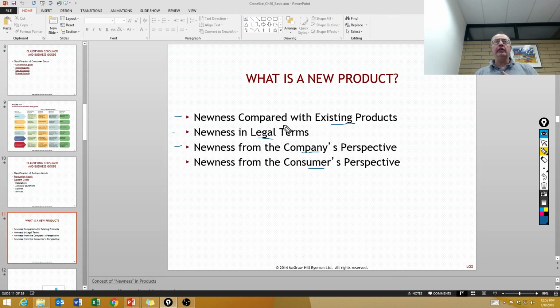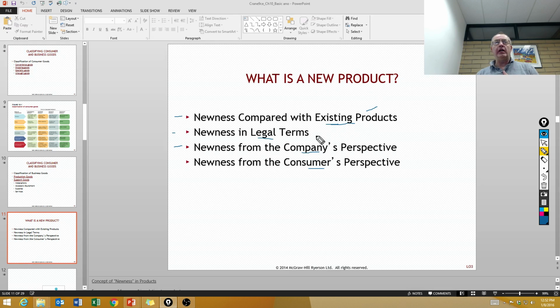When we look at newness in relation to existing products, a product can be new anywhere from the invention of a new product class associated with a new type of industry, to simply new features on an existing product.